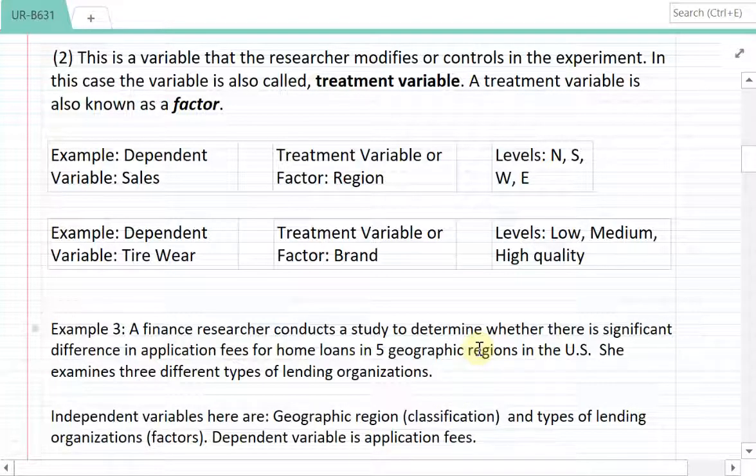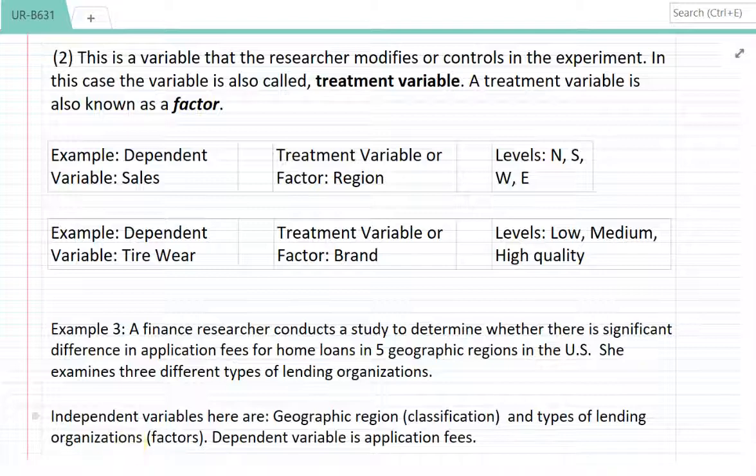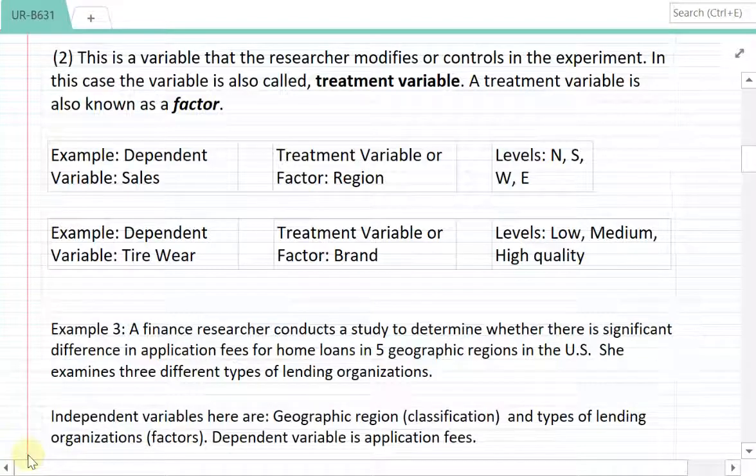Okay. So again, here's our classification variable, region. Notice we have no control over the region. We cannot manipulate that part. And the type of lending organization, those we have control over. So I can choose, let's say, 3 randomly selected lending organizations, or I can pick small versus large organizations, however the researcher wants to.